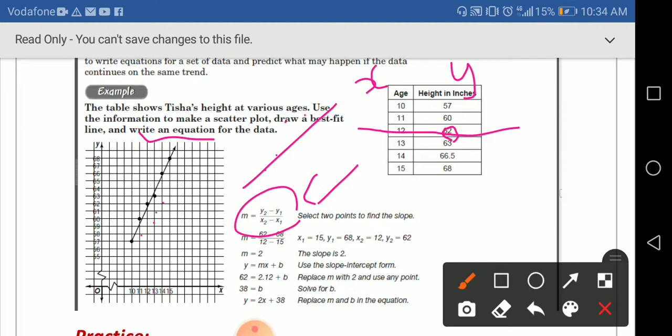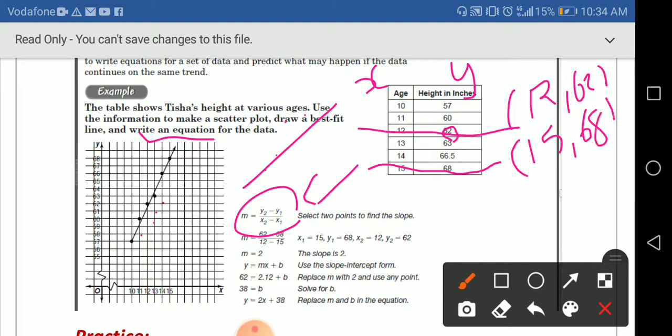So 62 and 12, and 68 and what, guys? And 15. So you got 12 and 62 and another ordered pair, which is 15 and 68. And I'm going to use the slope formula and get the slope.